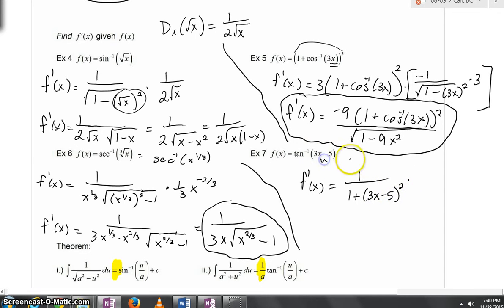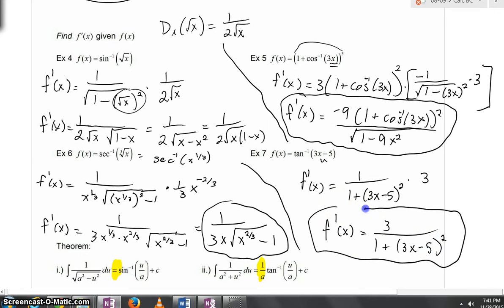But then if this is our u, the derivative du dx, derivative of 3x minus 5, is simply a 3. So this is considerably shorter. Just bring a 3 up on top. And you certainly do not have to expand this out. Perfectly okay to leave your answer just like so.